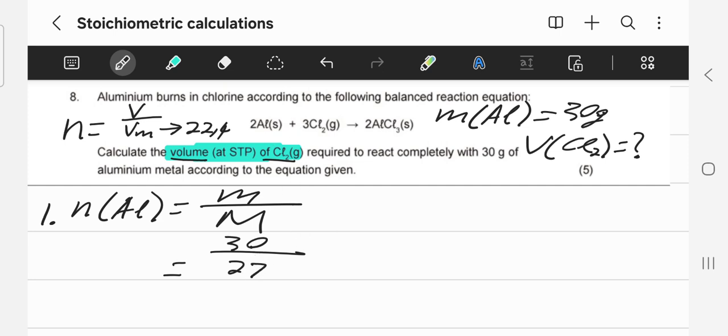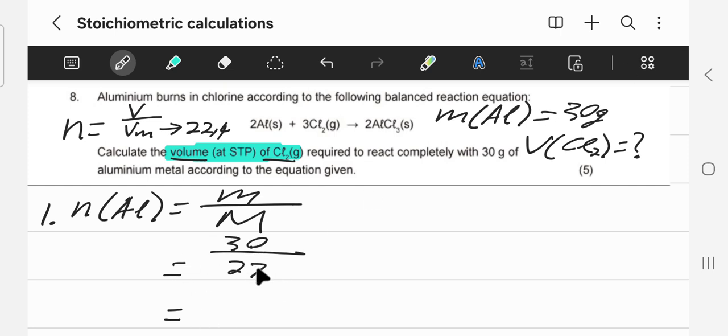So when you do these type of calculations, it's important for you to have your periodic table next to you. And yeah, the molar mass will be that number at the bottom of the element symbol, and it's normally the bigger number there. So we will have 30 over 27, and let's see what our answer is going to be.